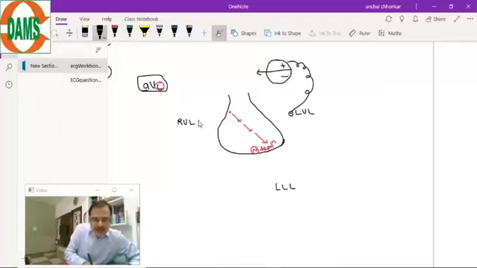So here is the right upper limb, here is the left lower leg. This is a wire.